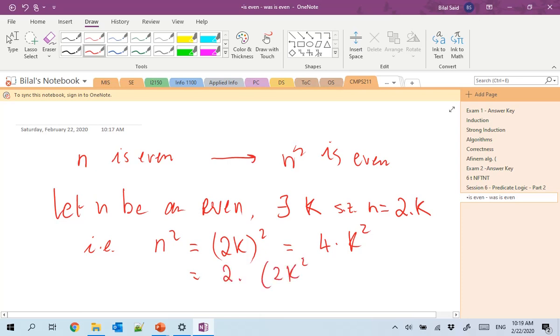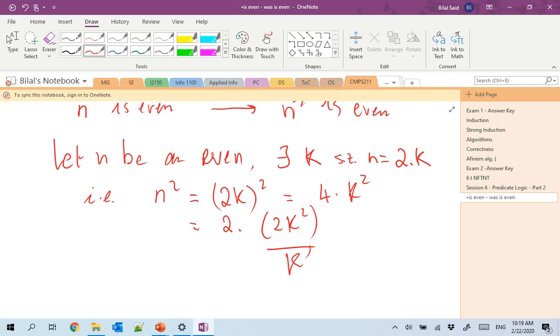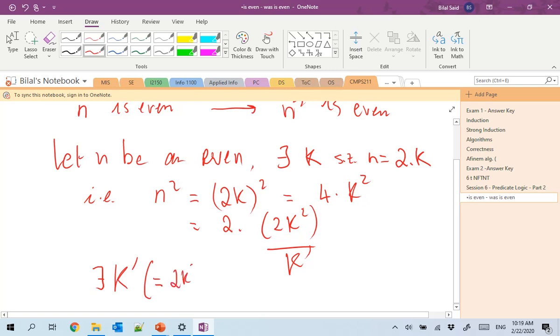Okay. Do you agree? So we can call this k prime, and then we have just shown that if n is an even number, then there must be a certain k prime. We know what it is, we just calculated it, we can pinpoint it. So there exists a certain k prime, particularly it's equal to 2k squared, where k is as defined above, such that n squared is equal to 2 times k prime.